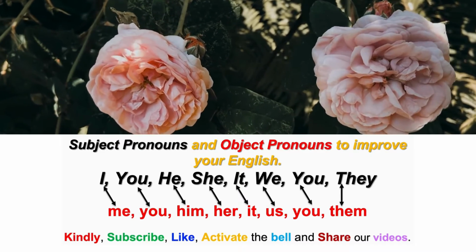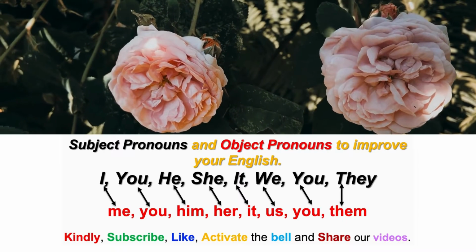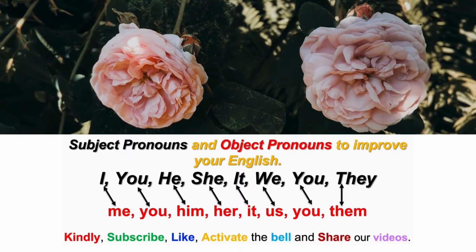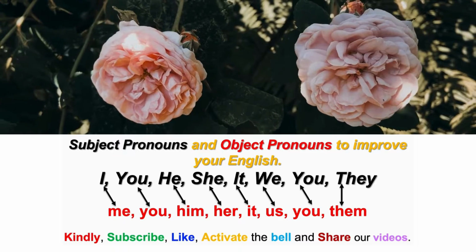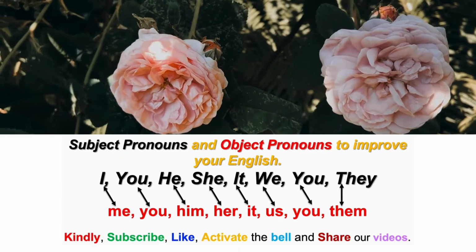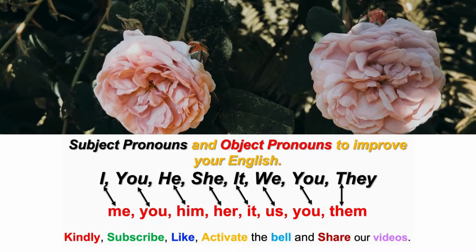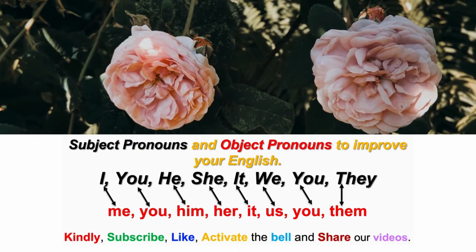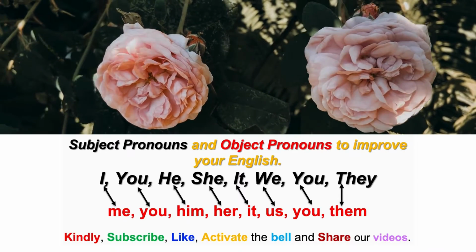Because they never come at the beginning of the sentence. So with the exception of you and it and her. So these three, because as object pronouns, they never come at the beginning. Because we have two pronouns, you is subject pronoun and you object pronoun. So as object pronouns, they never come at the beginning of the sentence. Let's continue.